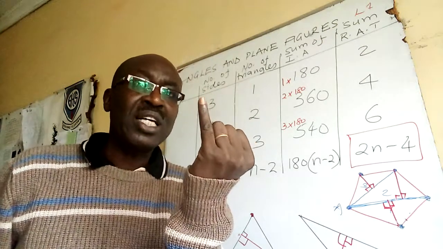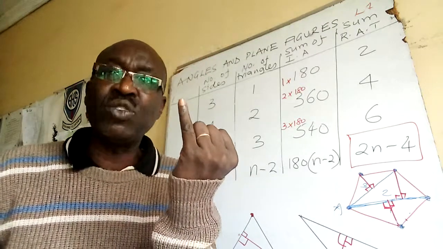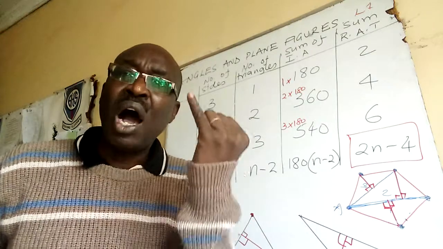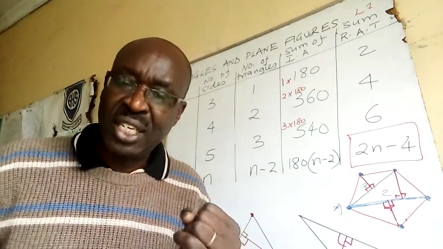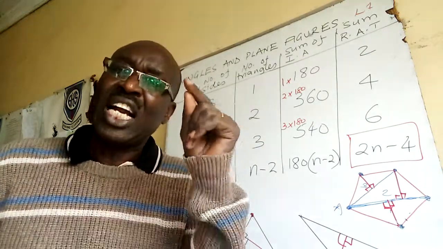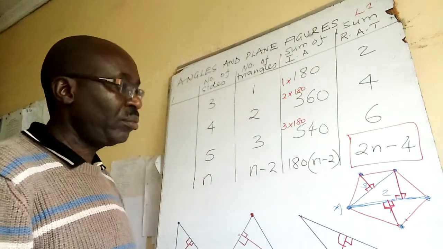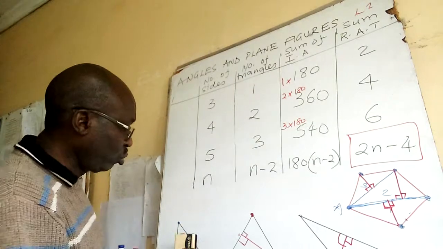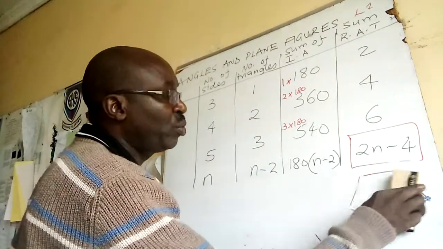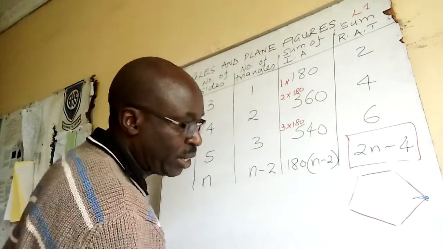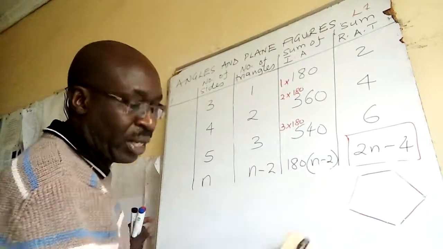So number one, the n-sided figure you are given, how many sides does it have? How many triangles does it have? Then how many right angles do you have? Okay, so I want to give you a conclusion. I want you to get this conclusion right for the next lesson.